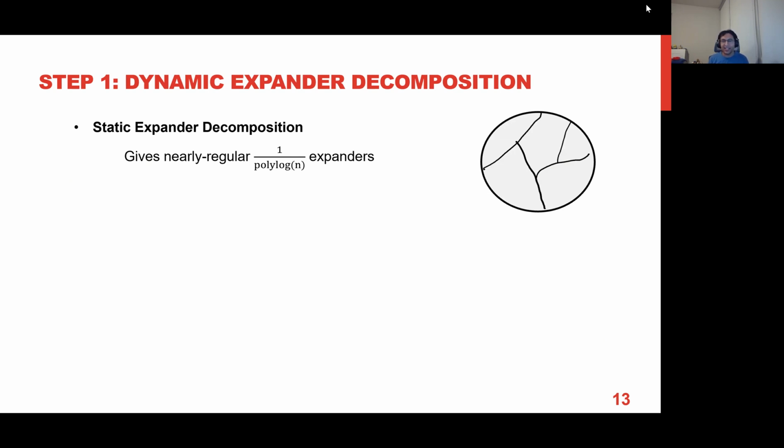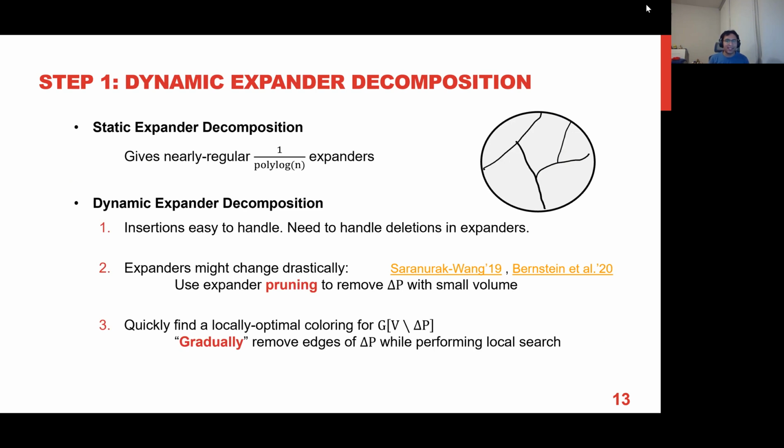Even in dynamic graphs where edges are being inserted and deleted, you can still get a dynamic decomposition. Insertions are easier to handle, so one has to only worry about deletions. And for deletions, one argues that the expanders do not change very drastically.